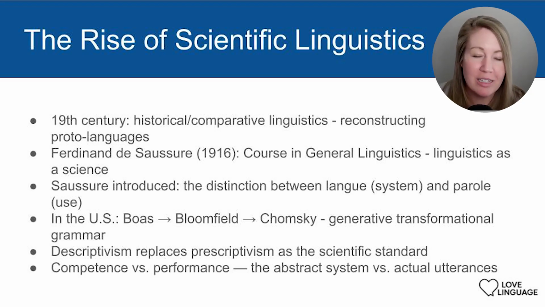What you've been learning in this course, the transformations, the constituent structure, the relationships between active and passive sentences, that is the scientific tradition. So understanding where it came from helps clarify why it looks so different from the grammar you learned in school. It's supposed to. They're doing completely different things.